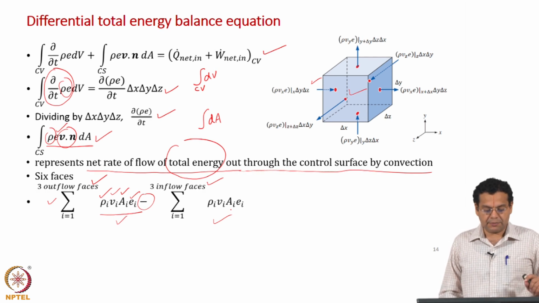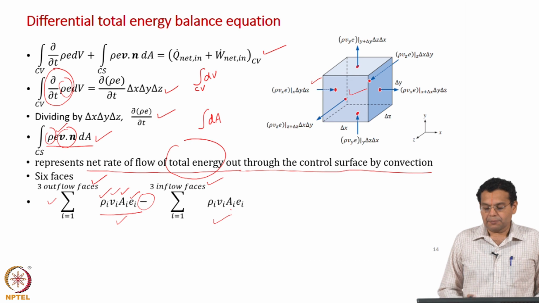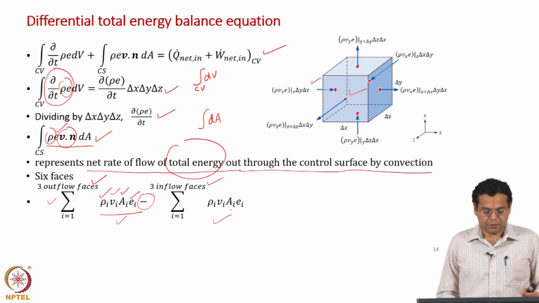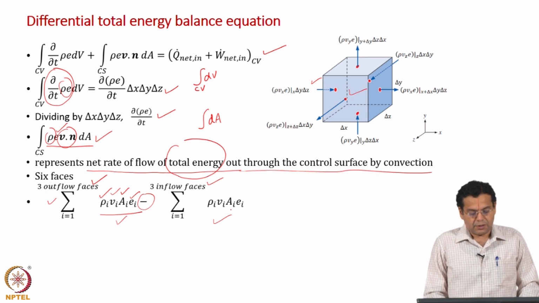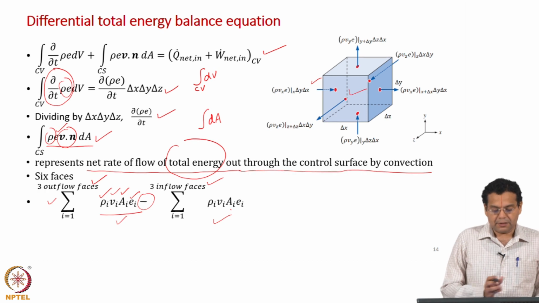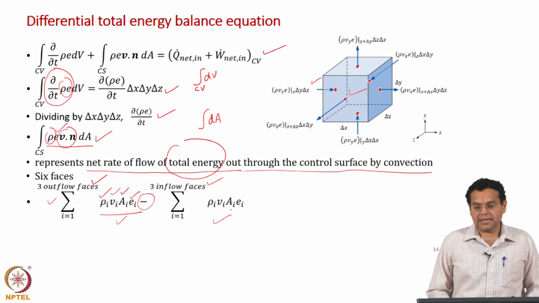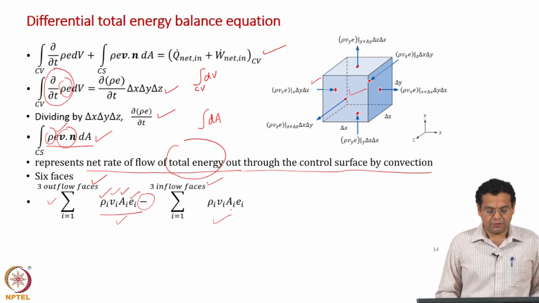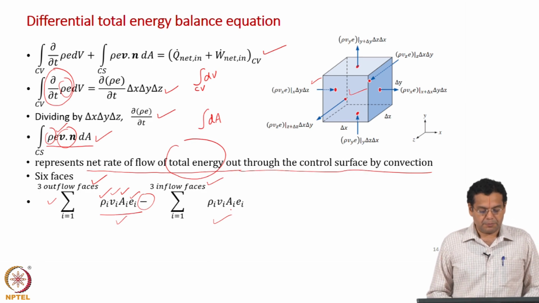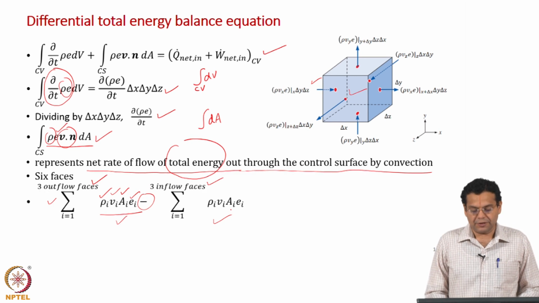So, just to quickly summarize, rho appears as such, E appears as such, and V, the velocity, is perpendicular to the area. So, it is written as V here, and rho E V are taken as average and as a constant. So, integral dA gives A, and i of course represents the particular face, outflow face or inflow face, positive for outflow face and negative for inflow face.